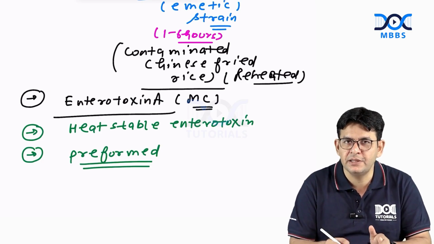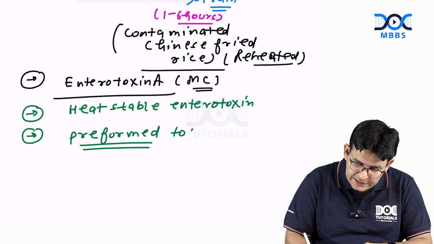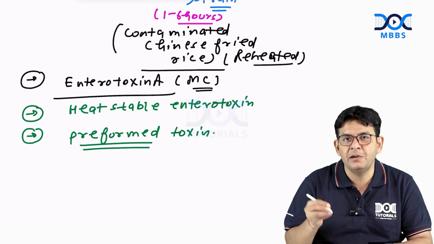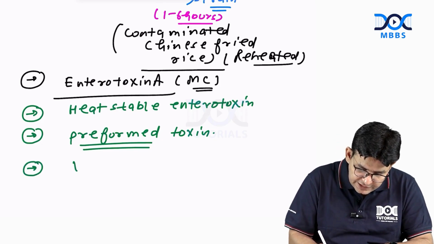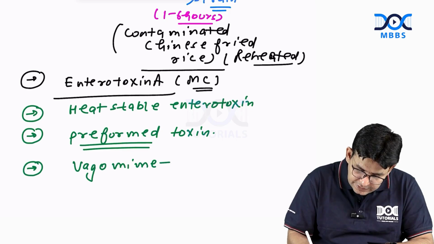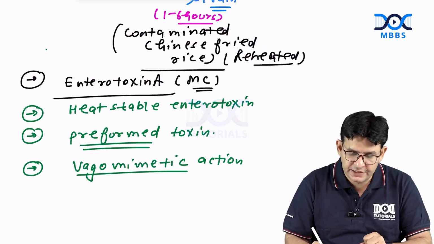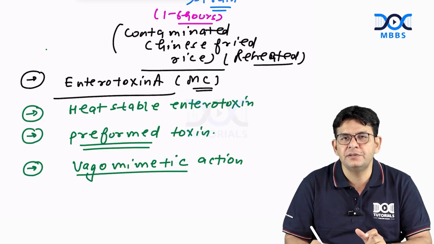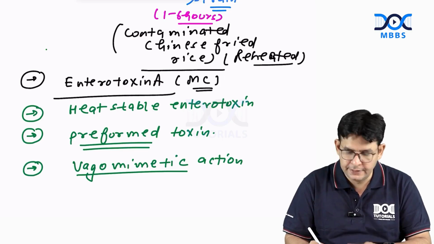So it's a preformed, heat stable toxin, and enterotoxin A is the name of it. And what is the action? The vagomimetic action. It stimulates the vagus. That is the action of the Staph aureus enterotoxin, most commonly A.